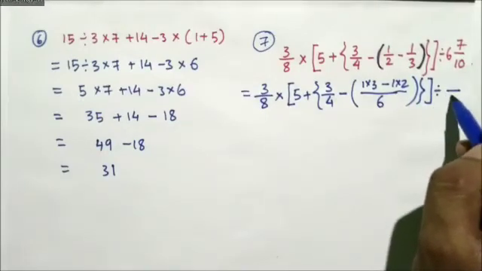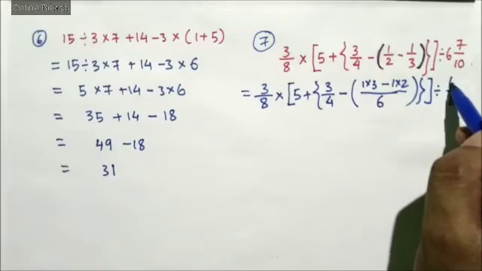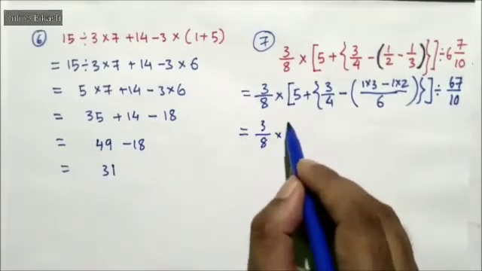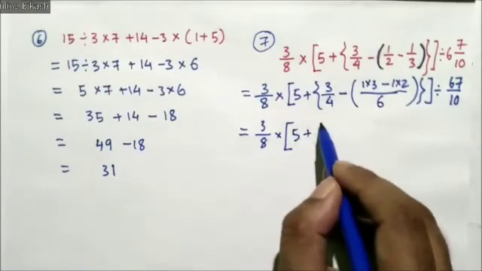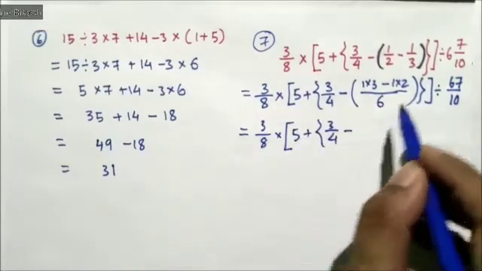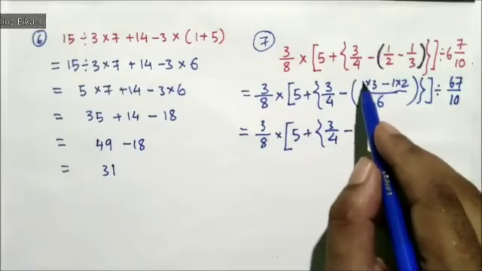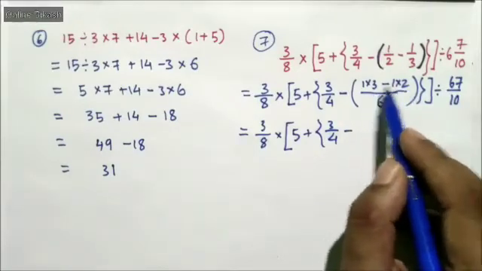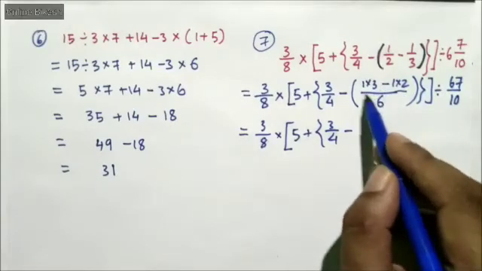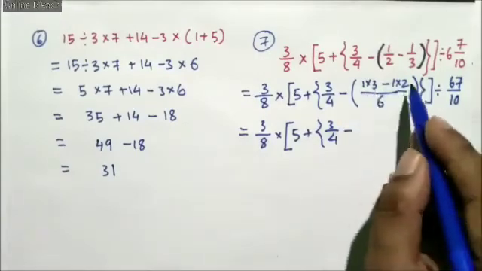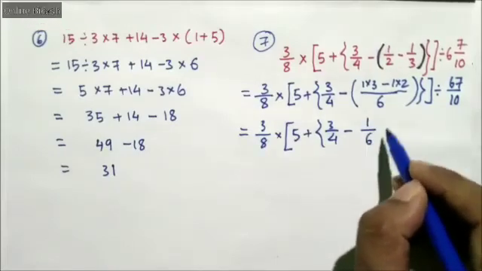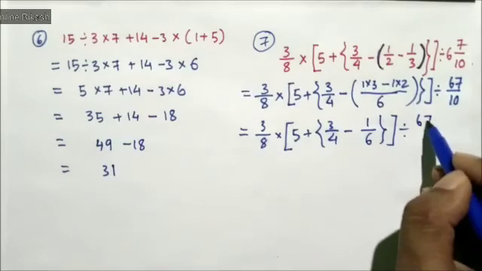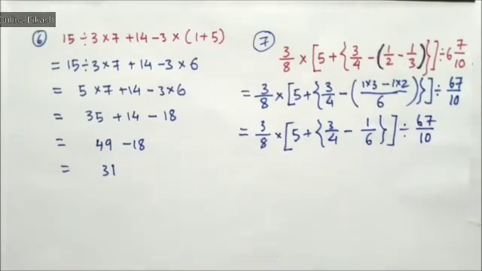Let us change this one, 10 6s are 60, 67. 5 plus 3 by 4 minus, now if we do this one, 1 into 3 is what? 3. 3 minus 2 is what? Come on, give me the answer. 3 minus 2 is 1, so 1 by 6. You have seen that the first bracket has vanished.